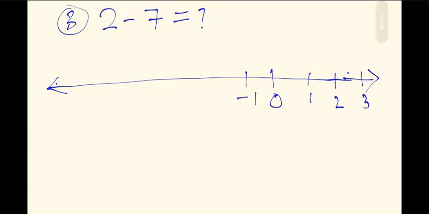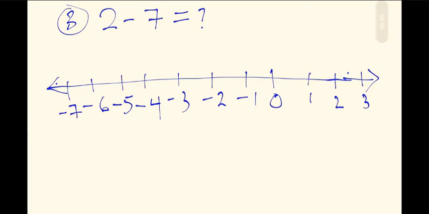-1, -2, -3, -4, -5, -6, -7. So we are subtracting 7 from 2. So we mark our 2 here, and then we do the counting.